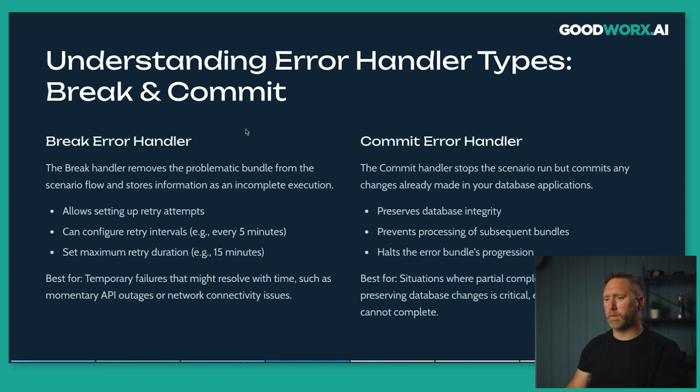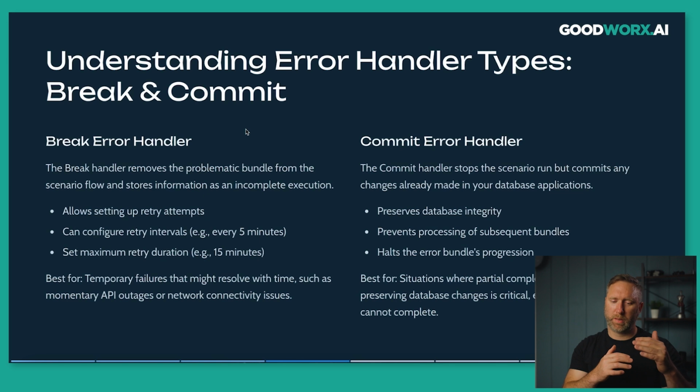Okay, the first one is the break error handler. All these operate a little bit differently, so it's important to pay attention to how they work. The break handler will remove the problematic bundle from the scenario flow and store the information as an incomplete execution. Remember we talked about bundles.